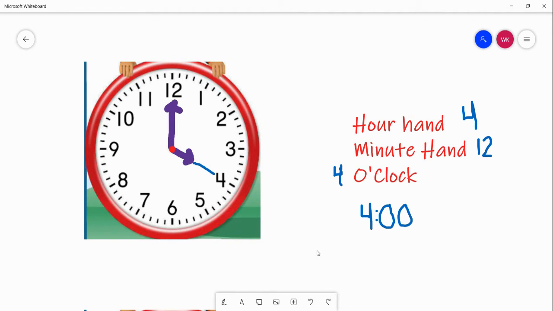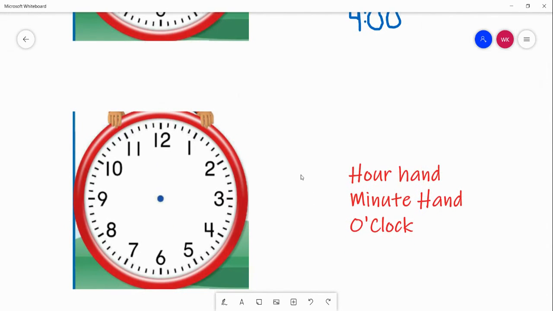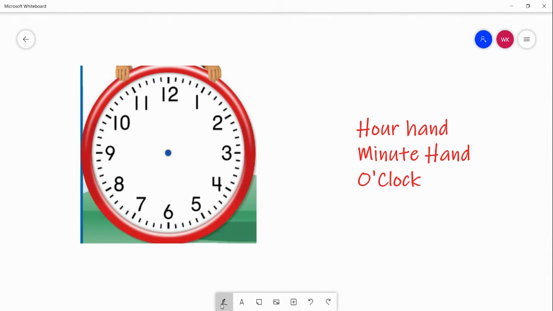All right, I want you guys to try another one. So go ahead and pause the video once I get this on the clock, and I want you guys to try to figure out what time this clock is showing. So the minute hand, or the big hand, is pointing to the 12, and then that will be our little hand right there, or our hour hand. All right, so pause the video, write this down, try to figure out what time this clock is showing.